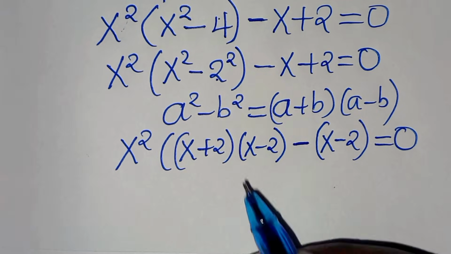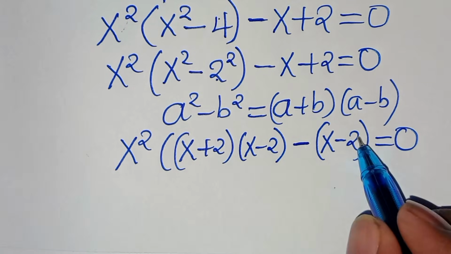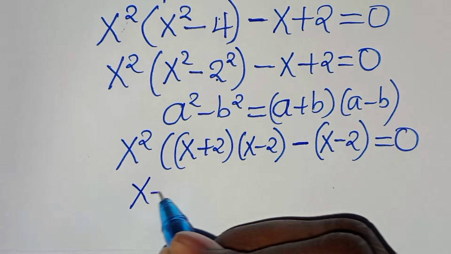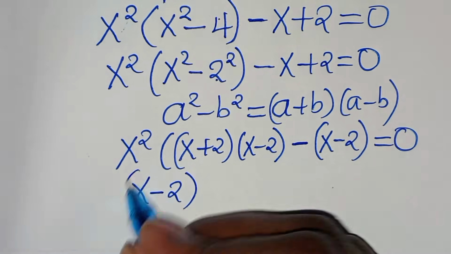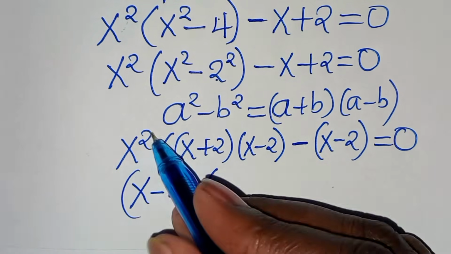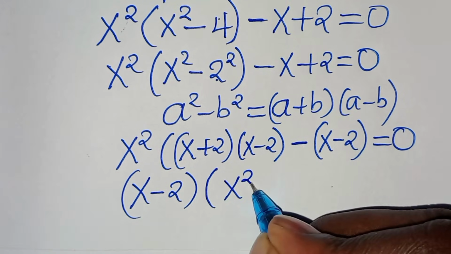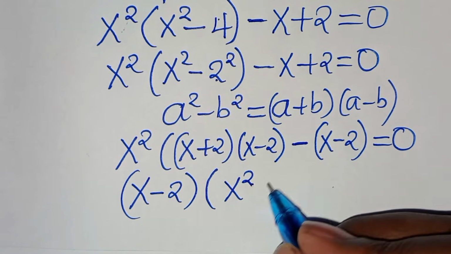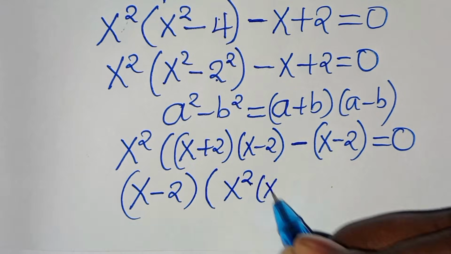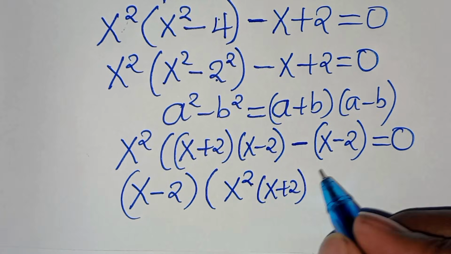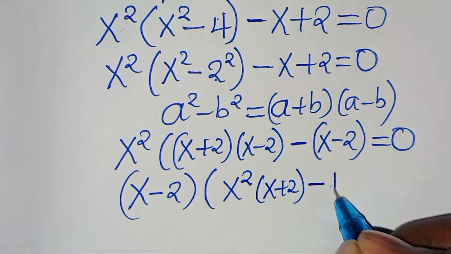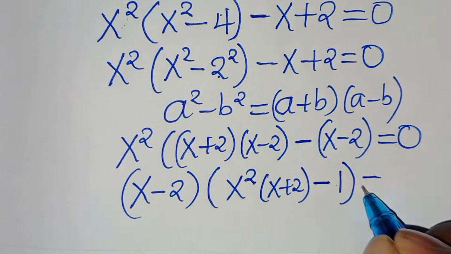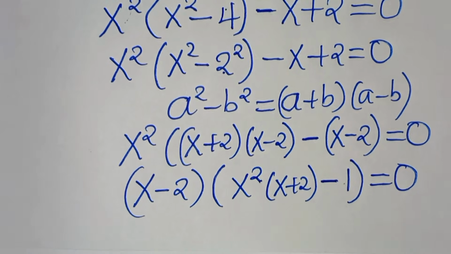The next step is that x − 2 is common here, so we can factor out x − 2, so that in the parentheses we have x² multiplied by (x + 2), then minus 1, close the parentheses, equal to 0.